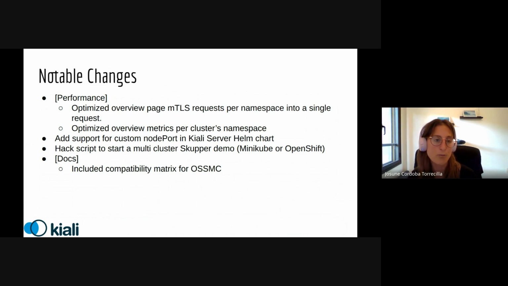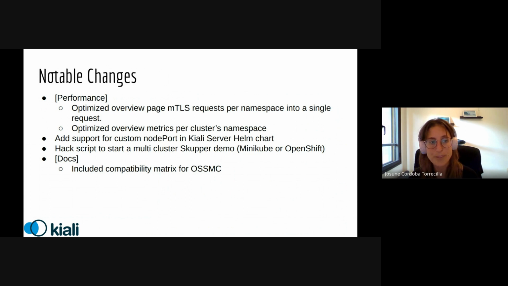We have included support for custom node port in the Kiali server Helm chart. And we have a hack script to start a multi-cluster Scraper demo that can be tested in Minikube or OpenShift. Regarding documentation, we have included a new compatibility matrix for the OpenShift Service Mesh console.